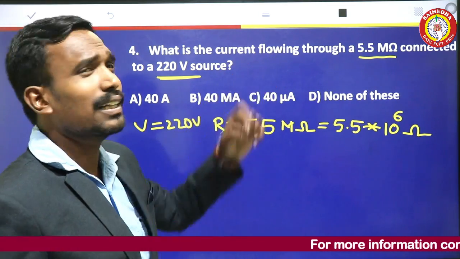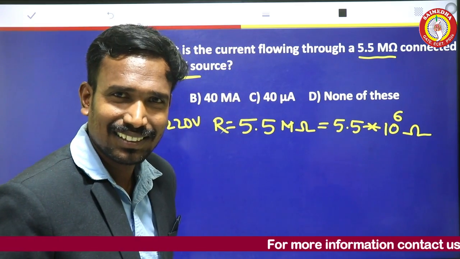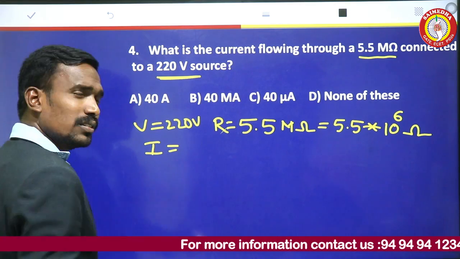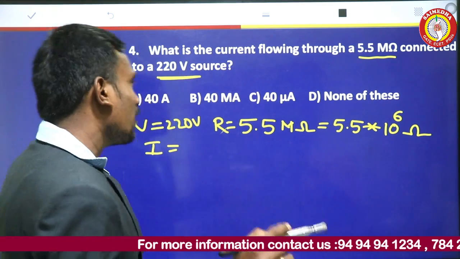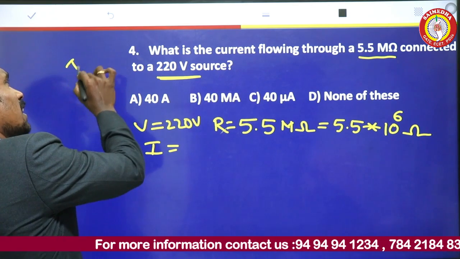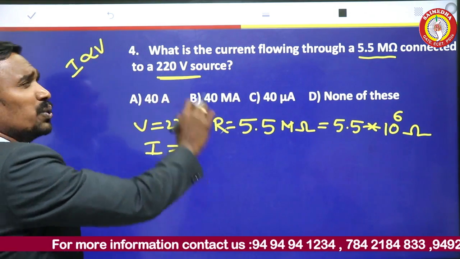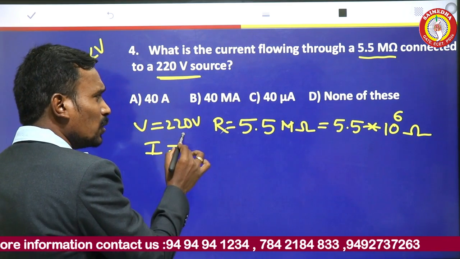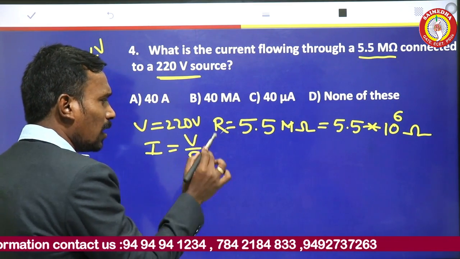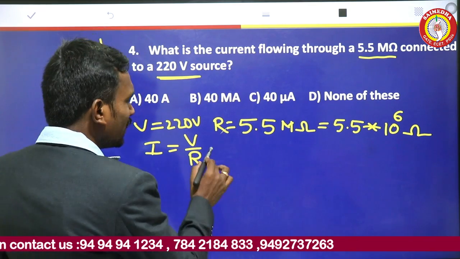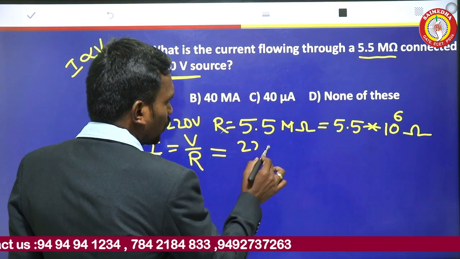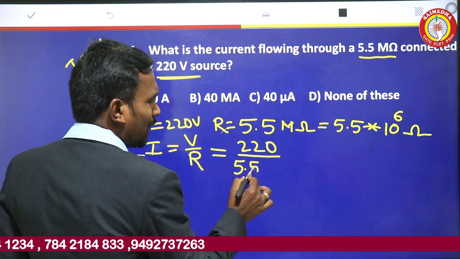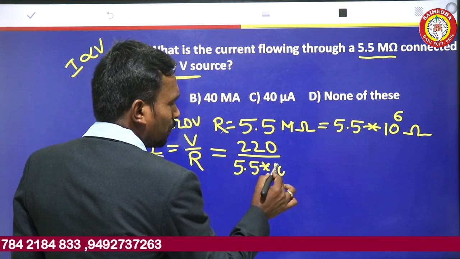Now I want to calculate the current. According to Ohm's law, the current is directly proportional to V, so the current I is equal to V by R. V is 220, divided by 5.5 into 10 to the power of 6.